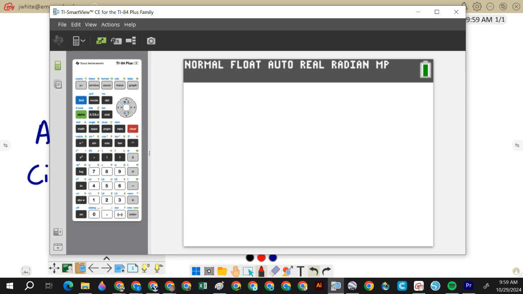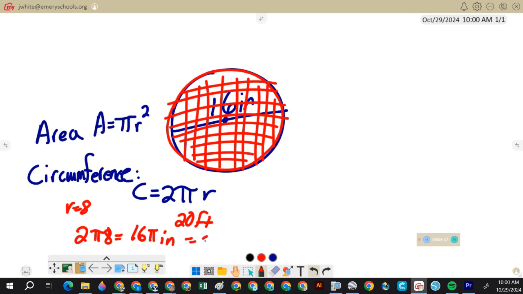It's always going to want us to do 3.14. So 2 times 3.14 times 8, 50.24. So 50.24 inches. So if you know the radius, you're just going to plug it into this formula, and the answer is just going to be in inches.